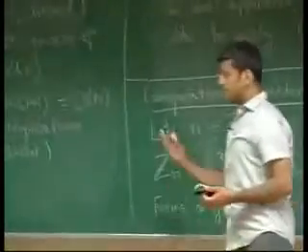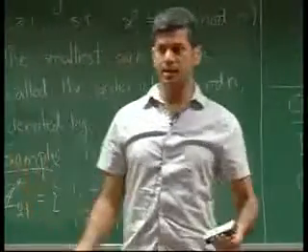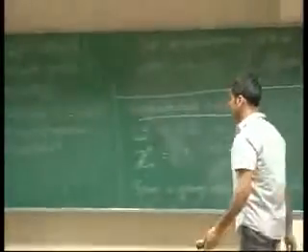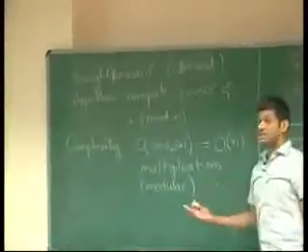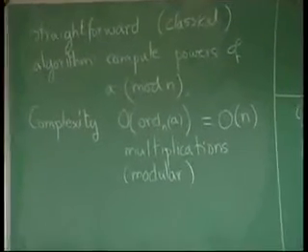There are faster ways of doing it. In fact, you can do it in k times log log k bit operations, but we won't bother about that, because the first procedure itself, the one that we learned in primary school, is efficient.